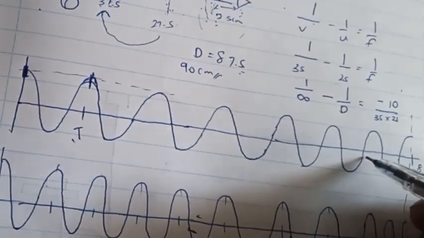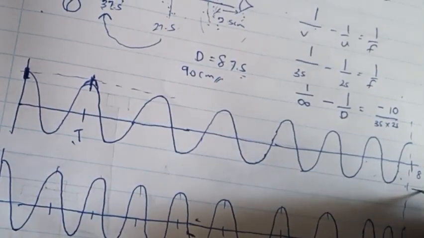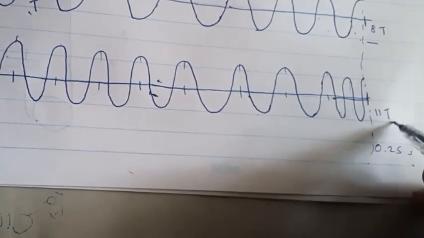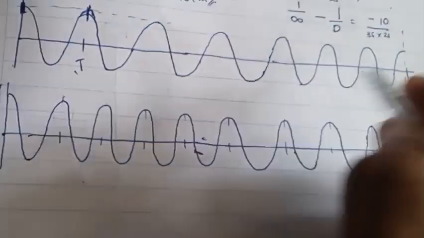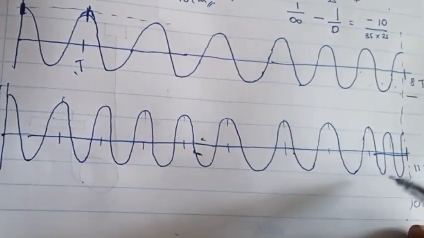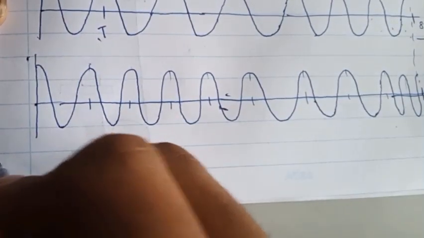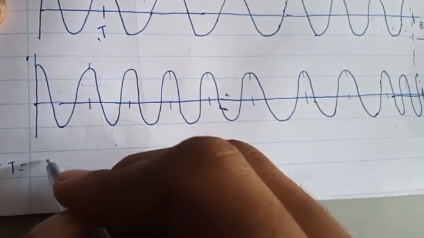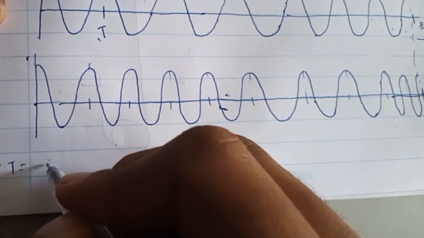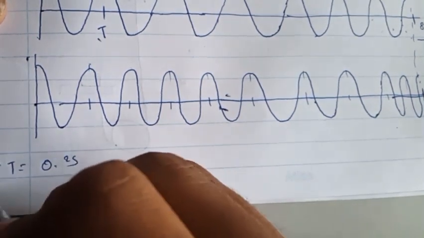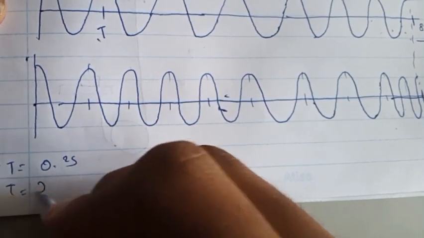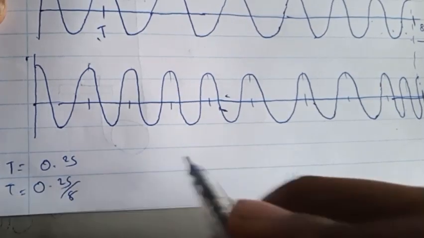So when you count around them, you would see that it is 8t and this would be at 11t. So first of all, we should find the periods of both of them. So 8t is supposed to be equal to 0.25, right? So t is supposed to be equal to 0.25 divided by 8.